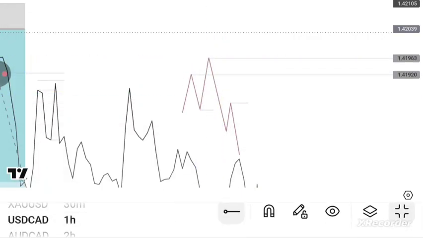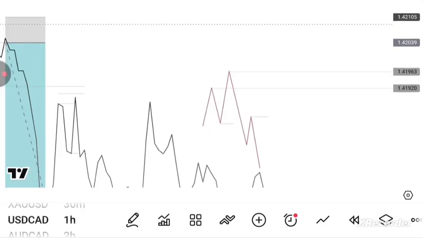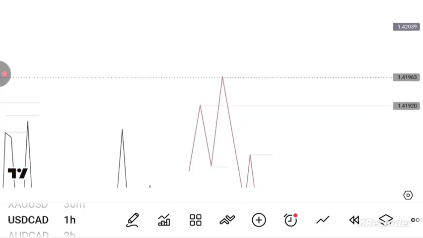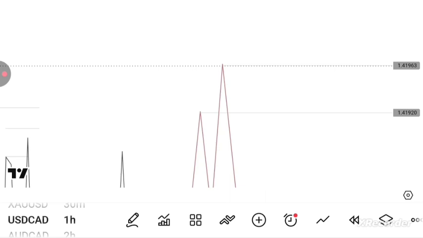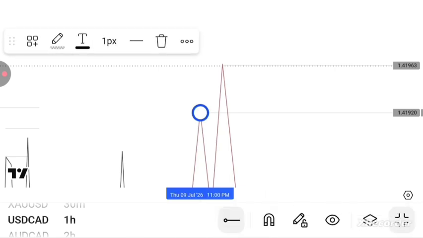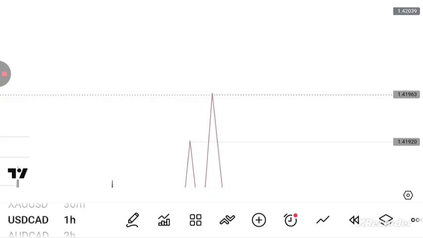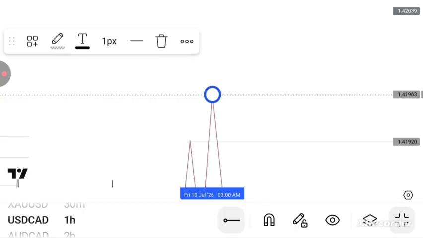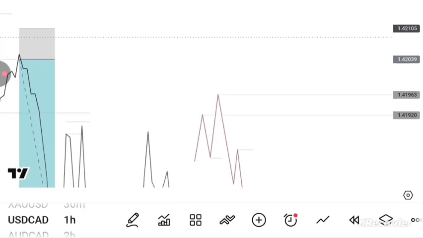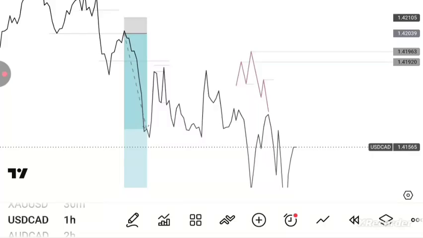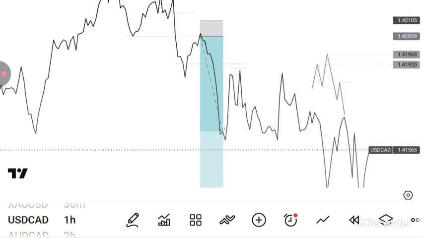Either we get price to react from this shoulder level, which is also a QM level, or we wait for price to come back to this level. It all depends on what price wants to do at that particular time, right?